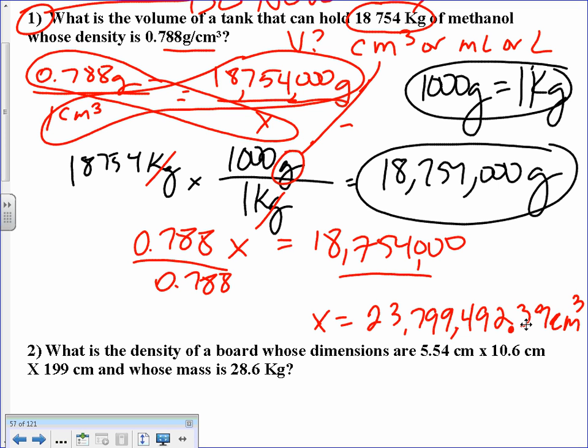Looking at the given information, how many sig figs should I record in this process? 3. Why 3? Because 0.788. So this is my weakest link at 3 sig figs here. This one has 5 sig figs. So this needs to be rounded to 3 sig figs.